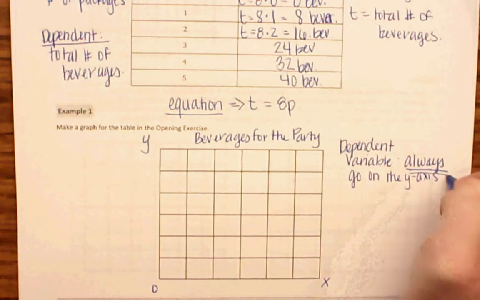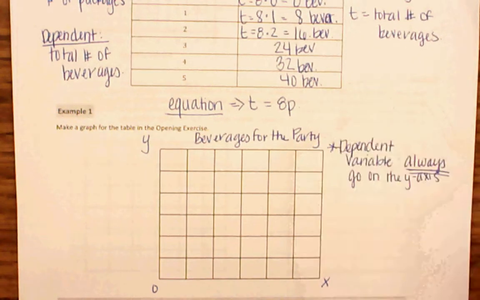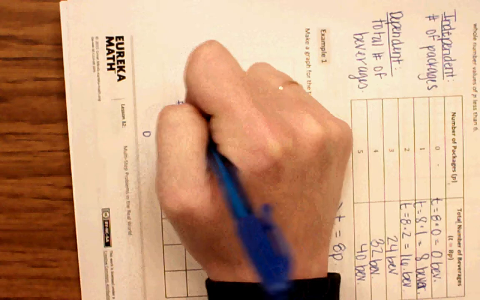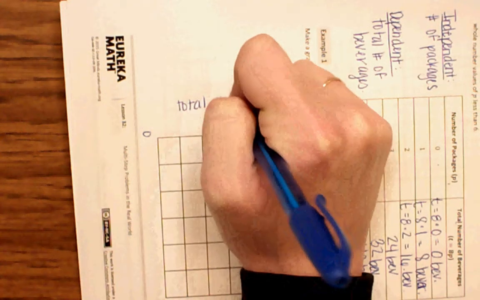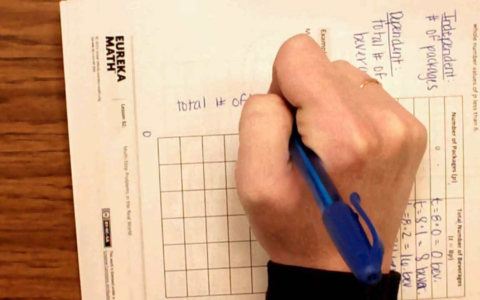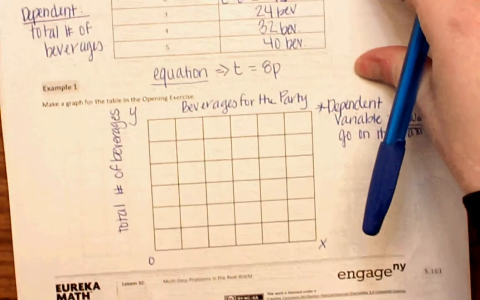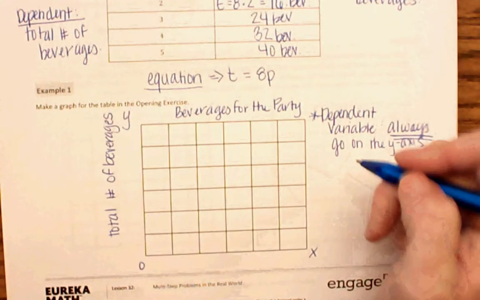Always on the y-axis. So whatever is your dependent goes on the y-axis. So I can label it here. I'm going to turn it sideways and put total number of beverages. Okay, let me switch it back now. So I labeled my dependent.